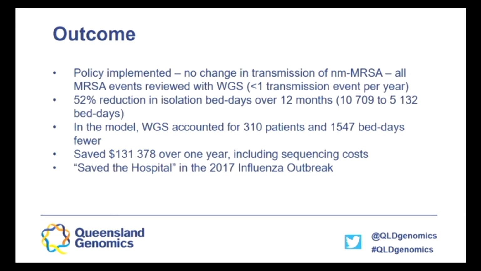That's a massive, massive result for us. So that means basically freeing up 4,600 single bed room days. The amazing team from the QGHA and Tom and the team have done a complicated economic model around this that I don't fully understand, suggesting that the whole genome sequencing component of this intervention has contributed individually to 310 patients and 1,547 bed days, and that's making assumptions about how much additional safety the whole genome sequencing provides over just standard microbiology.